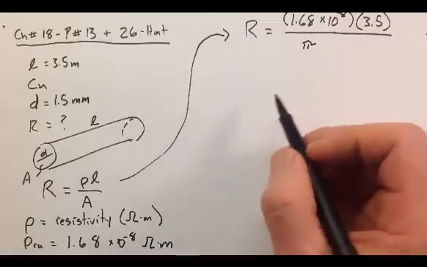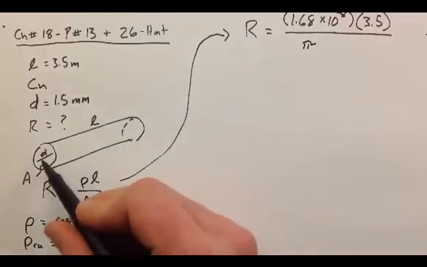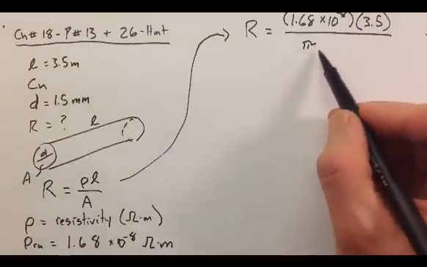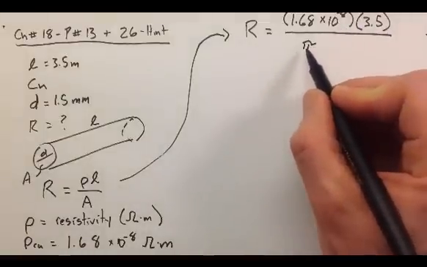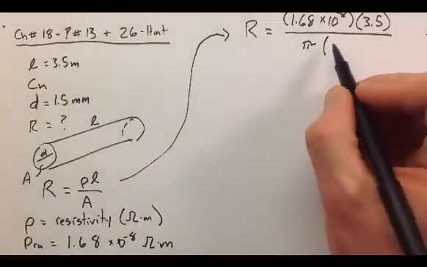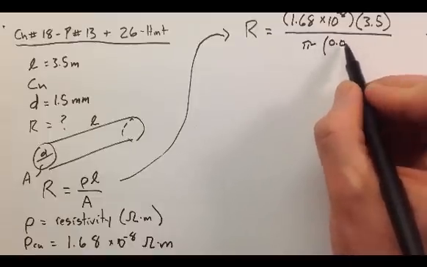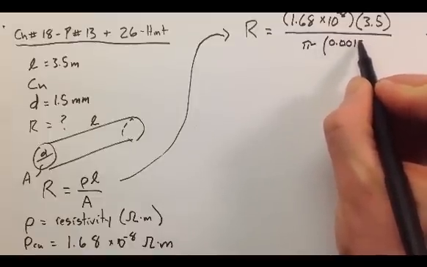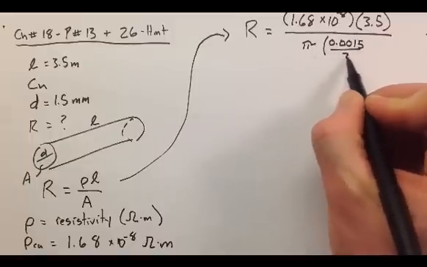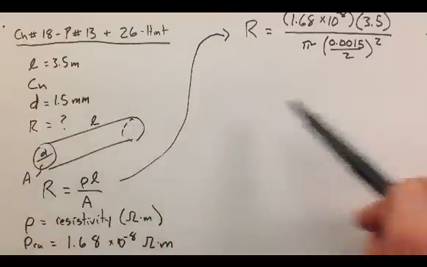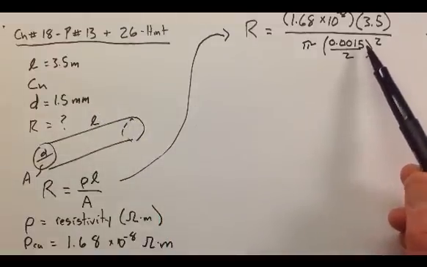So to get the area here, we would want to do pi r squared. Now, since this is in meters, this is ohm meters, we would want the area, pi r squared, also to be in meters. So what I'm going to do here is convert this millimeters here into meters, right? 1.5 millimeters, 0.0015 meters.